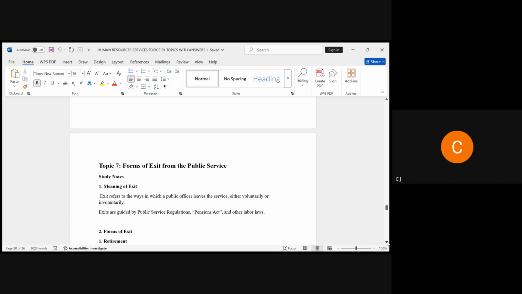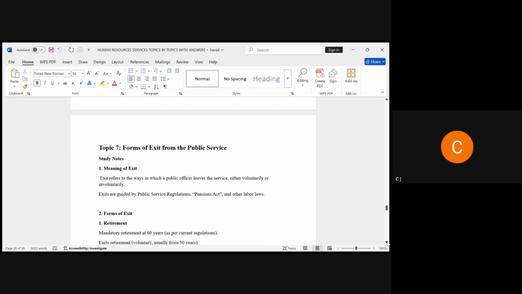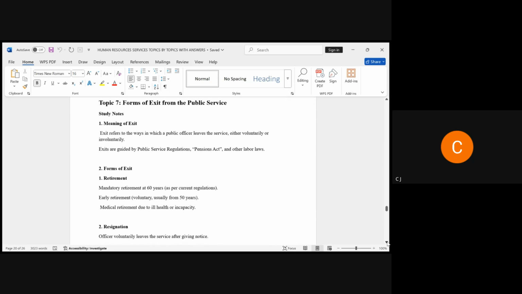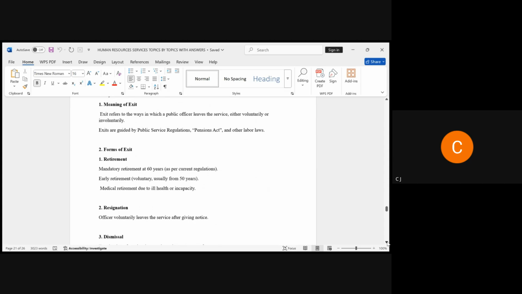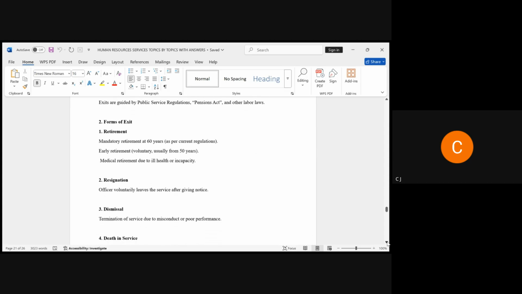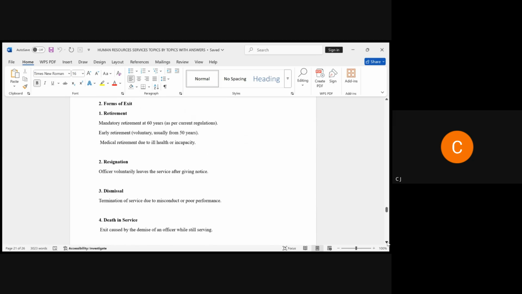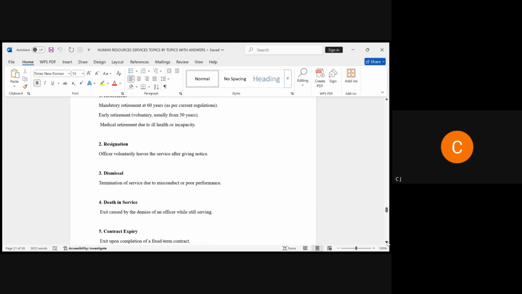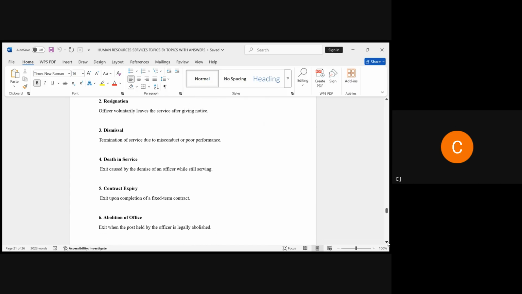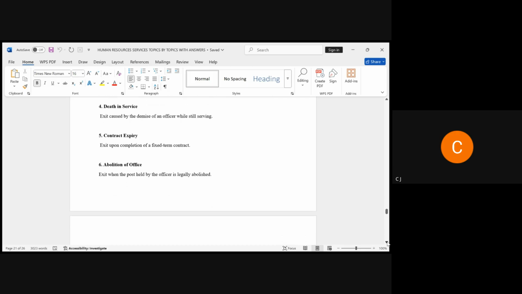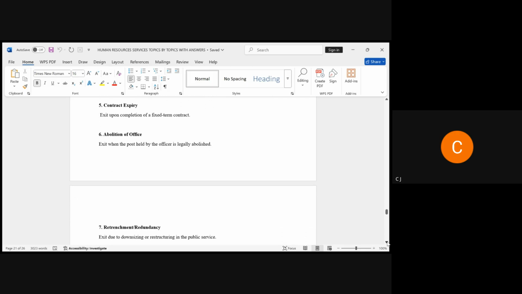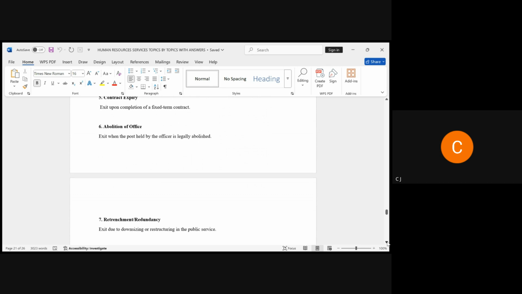Forms of exit: we have retirement, moja. Ya pili ni resignation. Ya tatu ni dismissal. Ya nne ni death in the service. Ya tano ni contract expiry. Ya sita ni abolition of office. Ya saba ni retrenchment or redundancy.